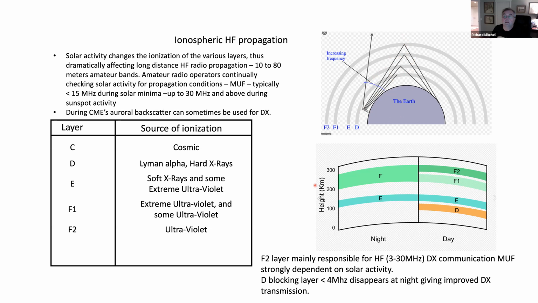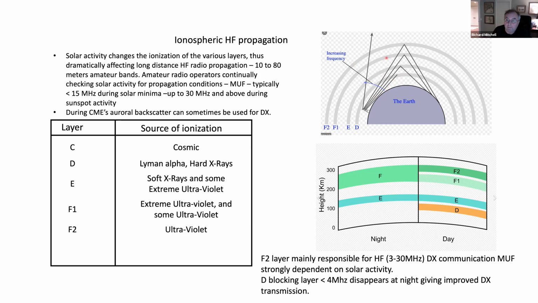And the propagation characteristics depend heavily on the sunspot activity in the quiescent period. Well, first of all, the D layer here, which occurs only in daytime, is a blocking layer. HF above about 4 megahertz does not get through it.